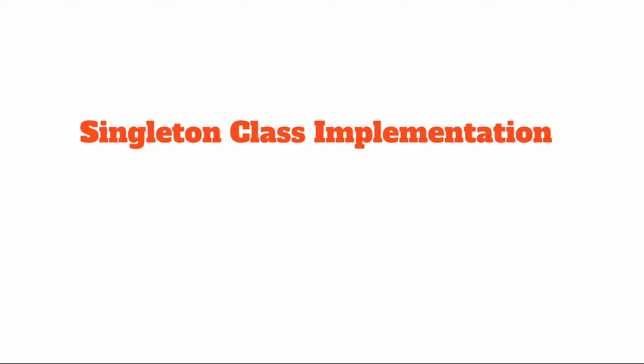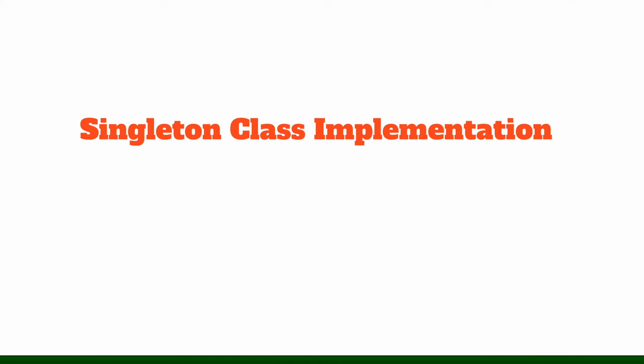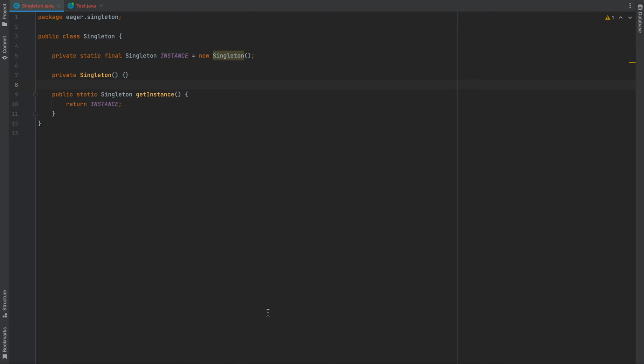And now let's talk about how we can implement this pattern, right? I have already discussed, I will cover both the eager and lazy initialization of this pattern. Let's first see the code of the singleton design pattern using eager initialization.